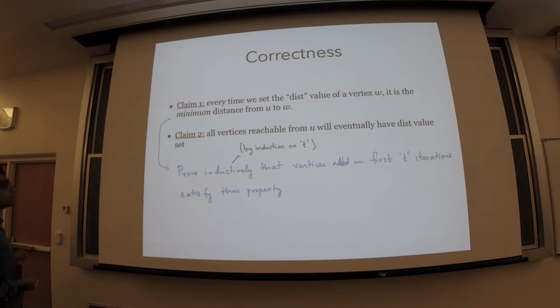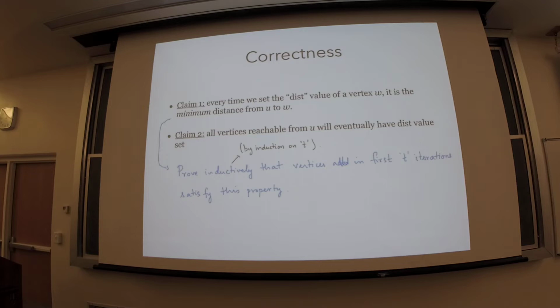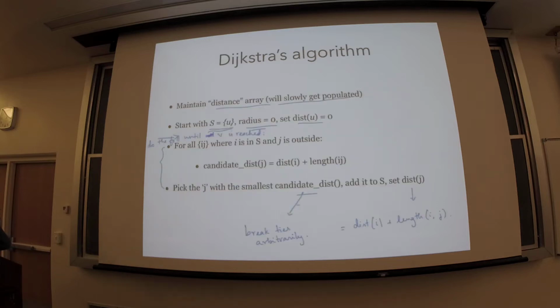So what is the base case for this induction? The set of u has zero distance. Excellent. Yes, t equals 0 means you've not added anything except u itself. This is how we started the algorithm: with S equals u, radius 0, distance 0.